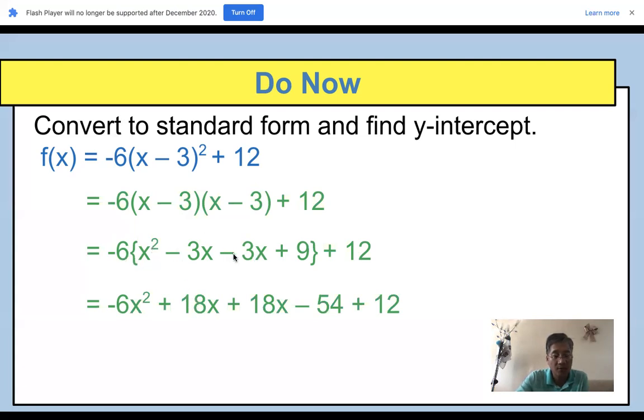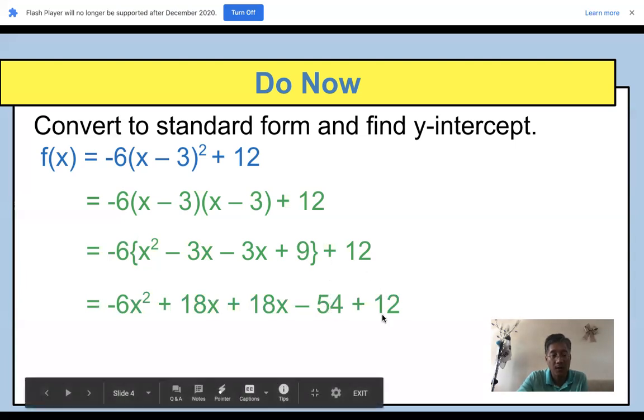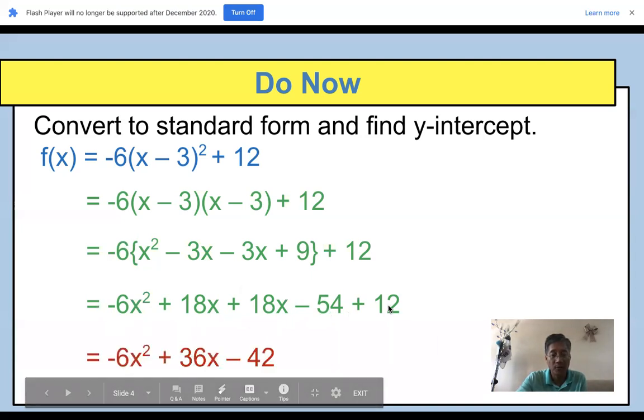Negative 6 times negative 3 is 18x. Negative 6 times 9 is negative 54, and then plus 12. What should you do? You combine like terms, this and this. So 18x plus 18x is, yes, 36x. So negative 6x squared plus 36x, and negative 54 plus 12 is negative 42.